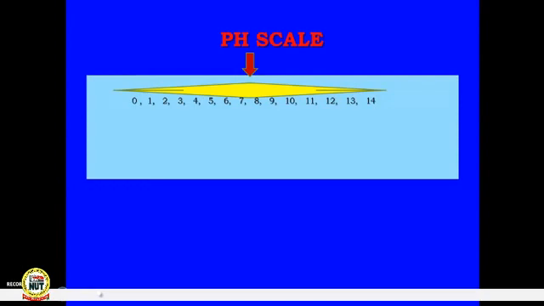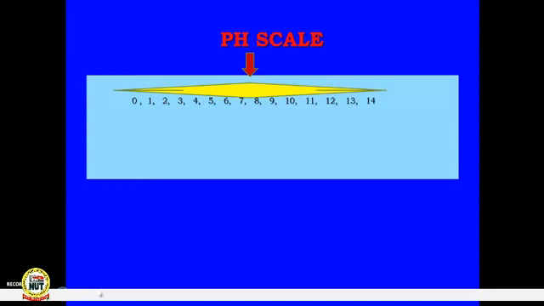Normally, some substances are more acidic than others, and some are more alkaline than others, whereas some are basically neutral. They are neither acids nor alkalis. So the pH scale is what helps us to determine the level of acidity or the level of alkalinity that is in that substance.